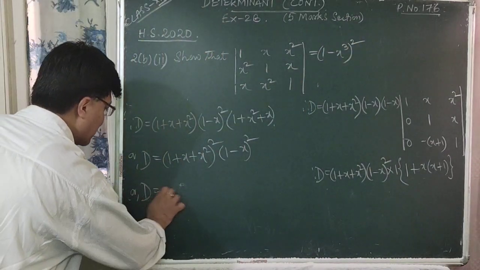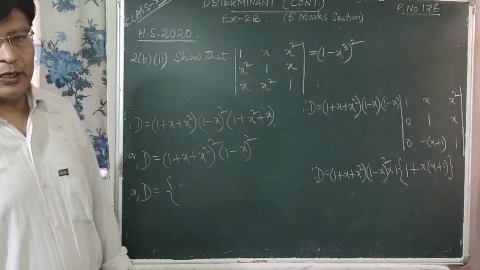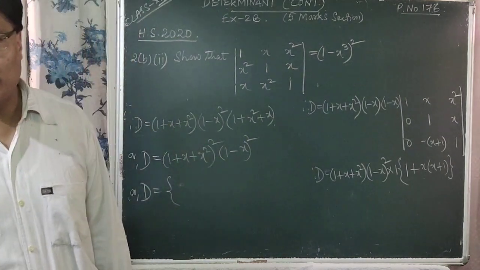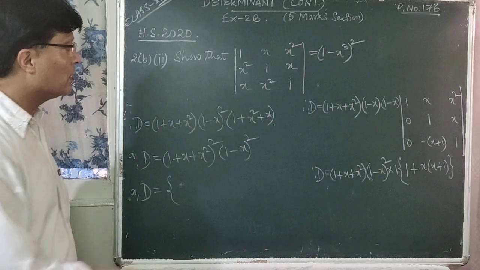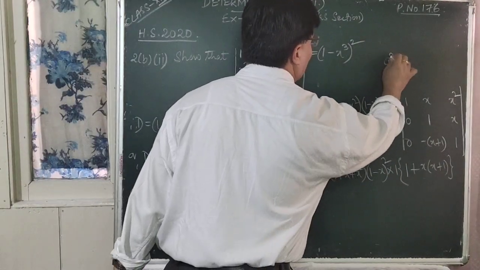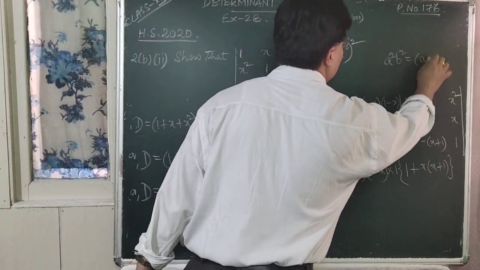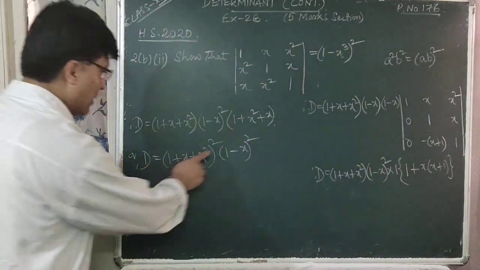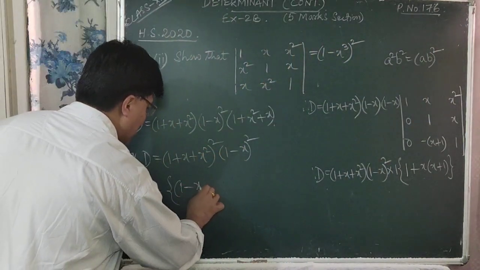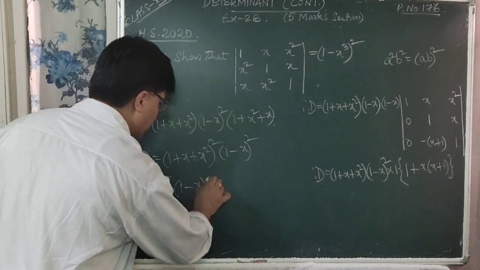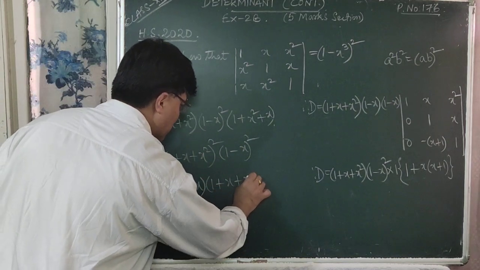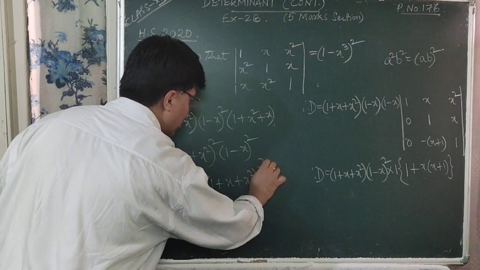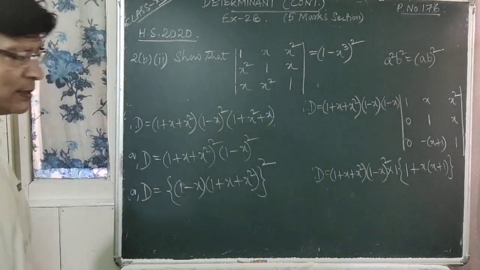So, or you can write here D is equal to, if you have a square b square, what can you write? AB whole square. If you have a square b square, then you can write AB whole square, isn't it? So likewise, here also we can write, this is 1 minus x, it is written first, then 1 plus x square, first bracket close, second bracket close, whole square, right?